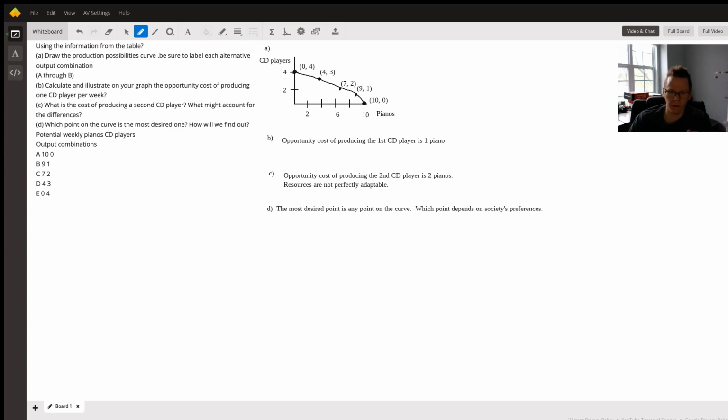Or in this particular case, when you're producing all pianos and no CD players, you're putting a certain skill set of employees on there, but as you continue to make more CD players, the skill sets of those employees start to become more and more noticeable, right?